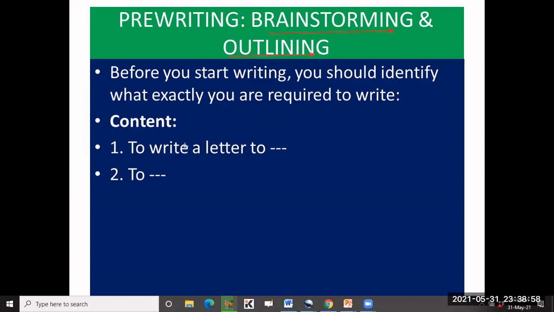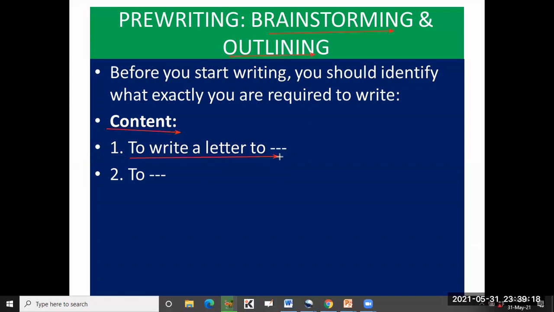So at the brainstorming stage, before you start writing, you need to identify exactly what you are required to write. And that is the content. Who are you writing to? You already identify that, and that will show you the type of letter you are writing.